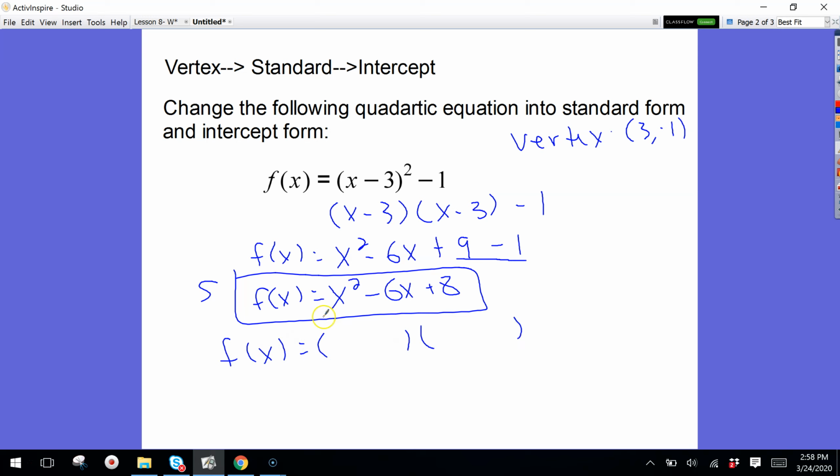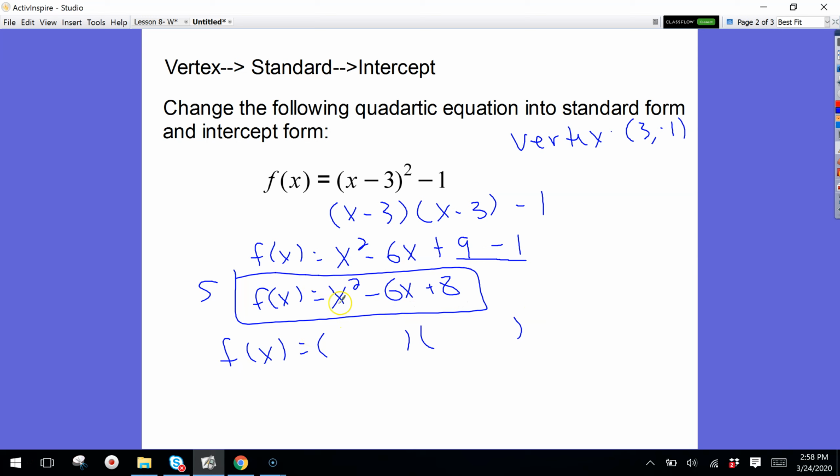Notice that not every trinomial is factorable, so intercept form sometimes cannot be done; basically, it doesn't have any intercepts, or it's hard to show them. It's not something you can automatically do just by factoring, but if we need to make it into intercept form, we're going to factor.